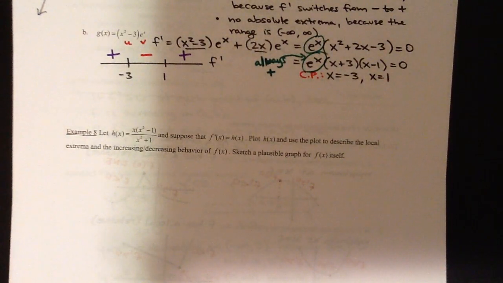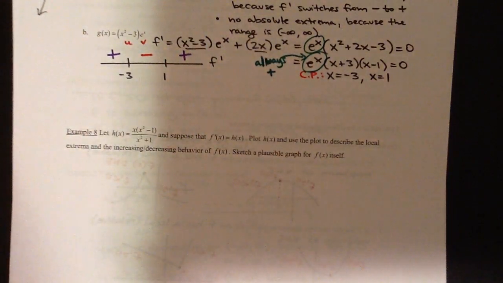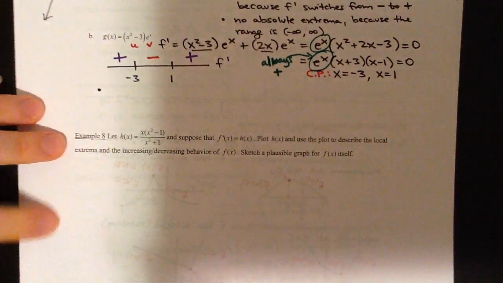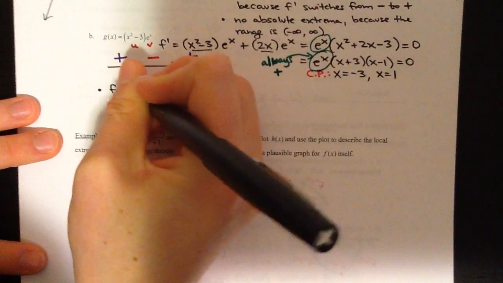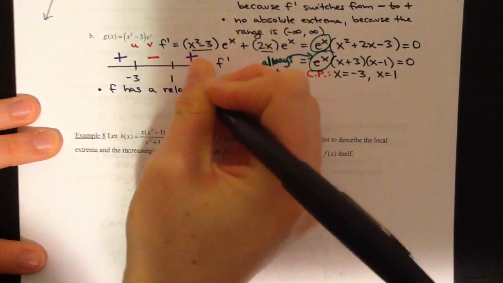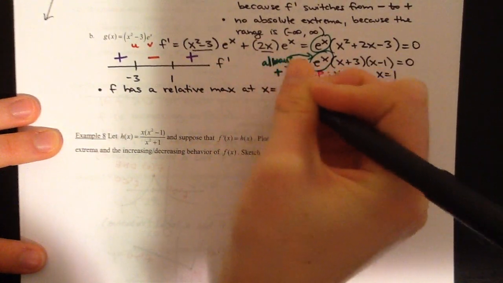Okay, so answer the same questions. I've got these 3 different sign areas. I'm going to figure out what values are maxes and what values are mins. Same logic as we just had with part A. So negative 3: f has a relative max at x equals negative 3.